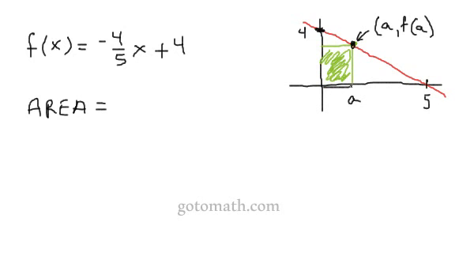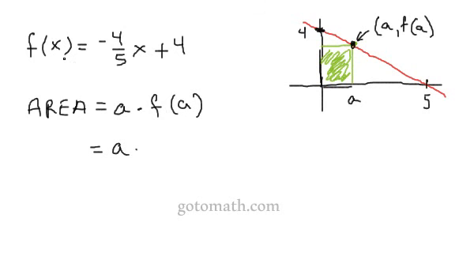This distance is going to be A, and then this distance here will be f of A. So A times f of A.